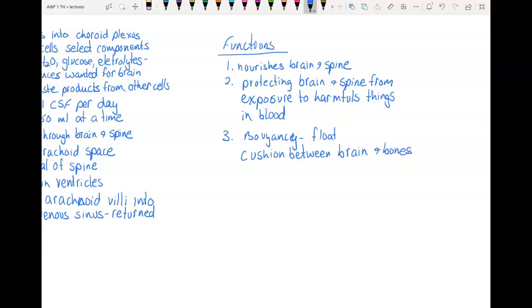And your brain is actually floating inside your head in this fluid. And this is important because the brain is so soft that if it weren't floating, it would crush under its own weight.